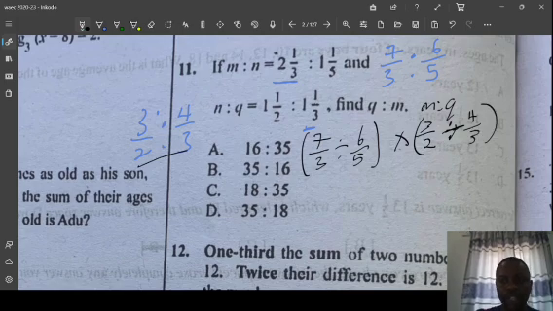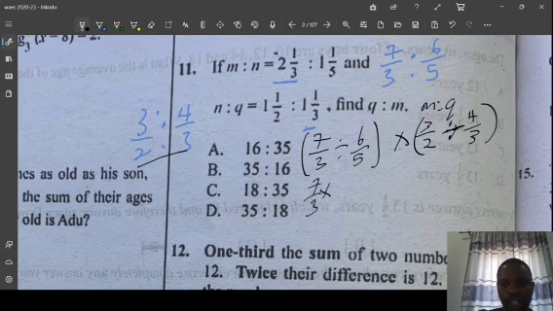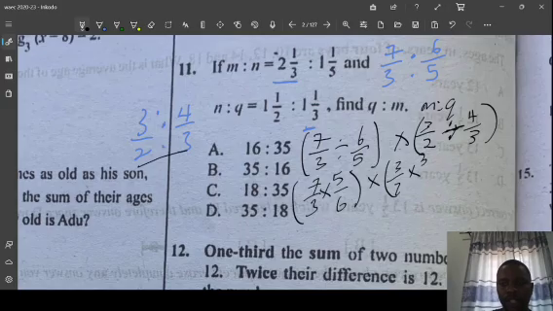I can easily flip these division signs so that it's easier. So I have 7 over 3 times 5 over 6, times 3 over 2 times 3 over 4.